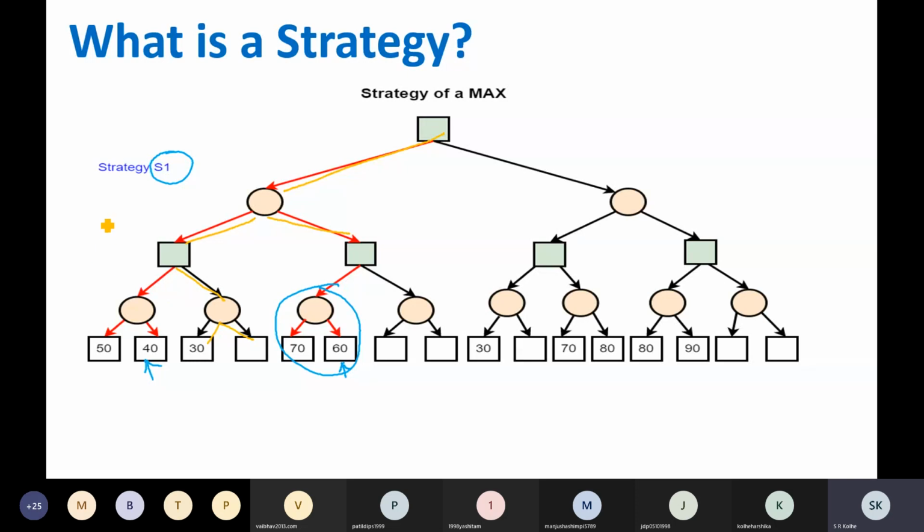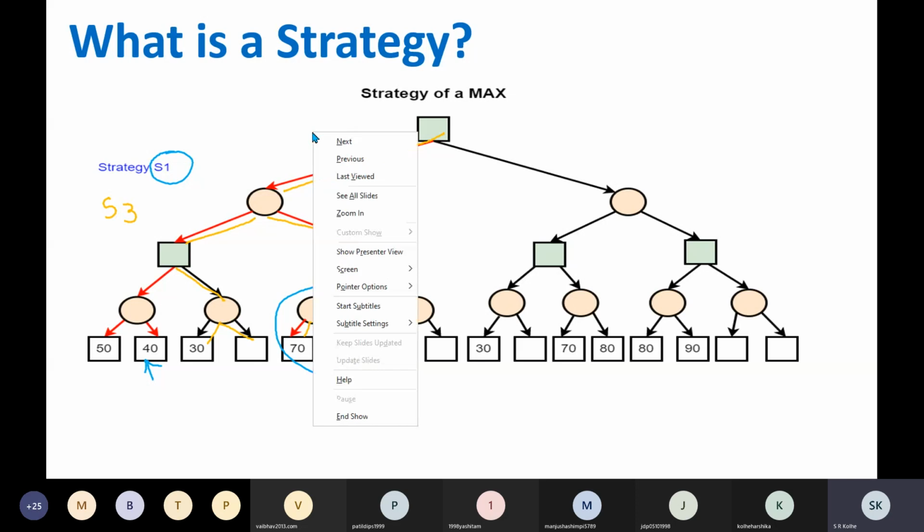We are discussing strategy S3. If max has selected this right move, then on this side you have again two options. In one case it will select this, one from max, all from min. So this is strategy S3, which is shown in yellow color.